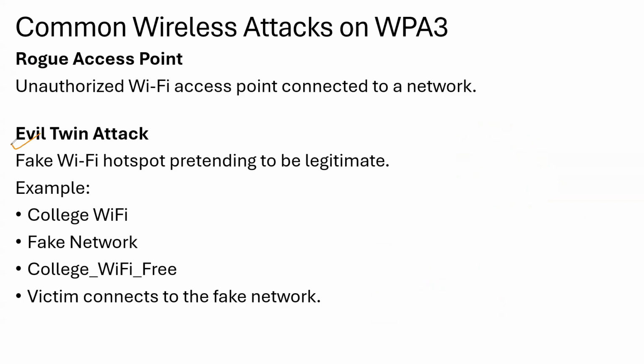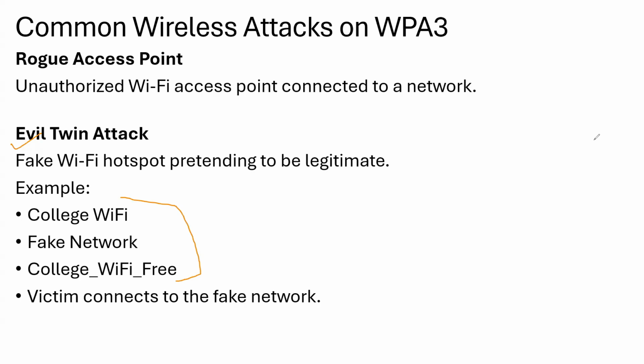Next one is the evil twin attack, that is a fake Wi-Fi hotspot pretending to be legitimate. Both of these are the same, rogue access point as well as the fake Wi-Fi hotspot. Let's take an example: college Wi-Fi, fake network, college Wi-Fi free. These kinds of names can be seen near your college Wi-Fi. So always go through the college admin to find out how to connect to the network.